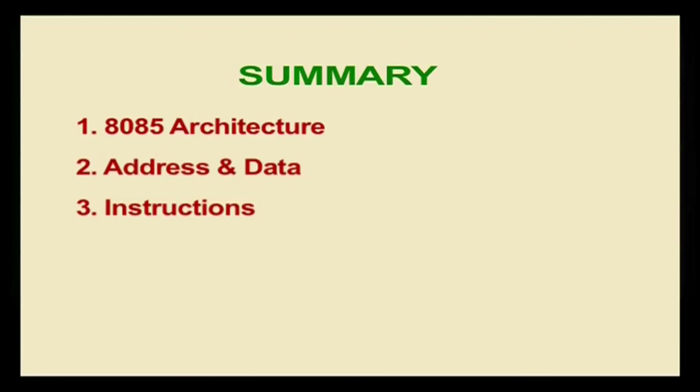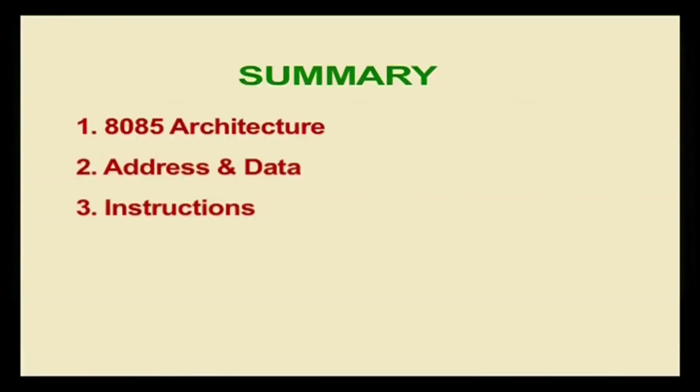Then we went to the other topic, the instruction set of 8085. We saw how the instructions are grouped: data transfer, arithmetic and logic, branch and machine control. Then we started with the data transfer instructions. In the coming class we will see more about these various instruction sets.